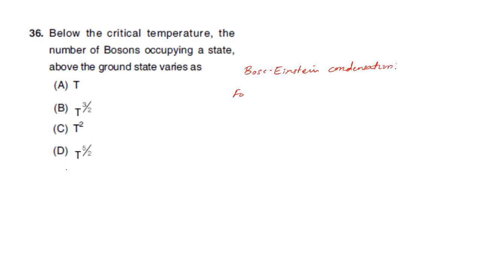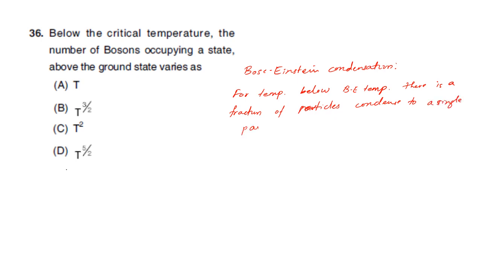That is, for temperature below the critical temperature or Bose-Einstein temperature, a fraction of particles condense to the single particle ground state.